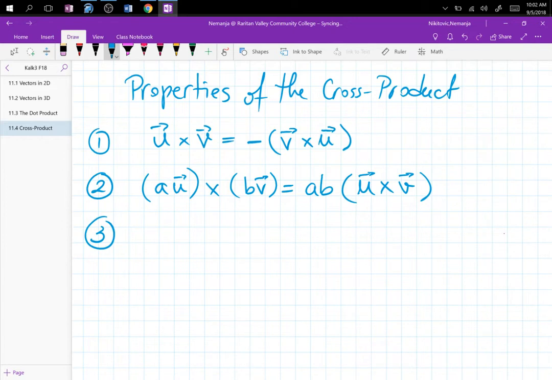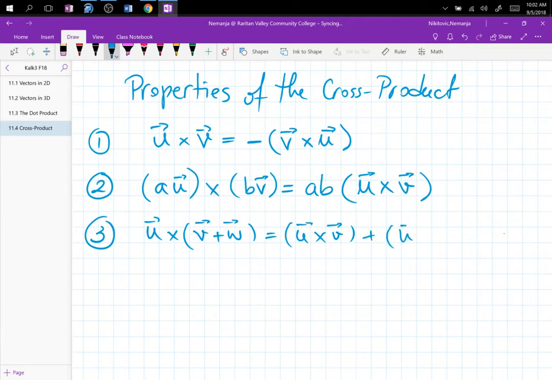And two distributive properties, u cross v plus w is u cross v plus u cross w.